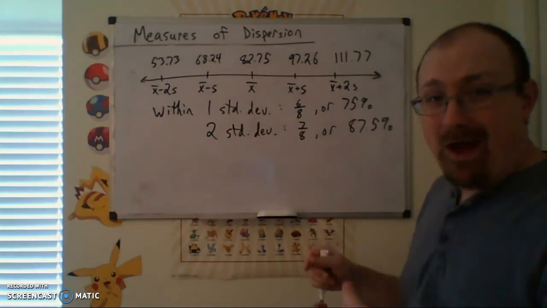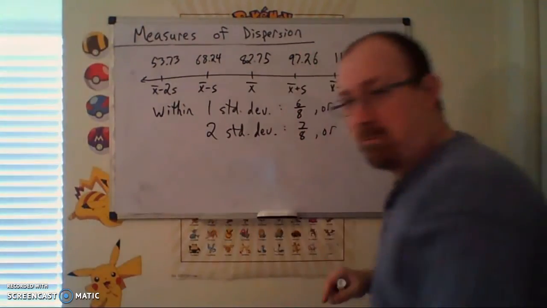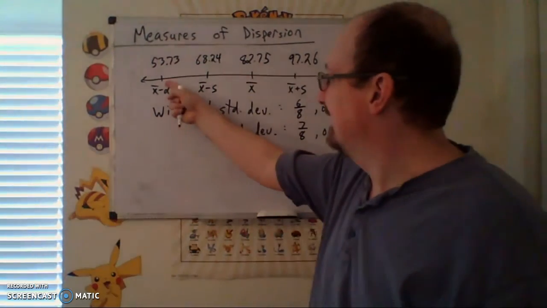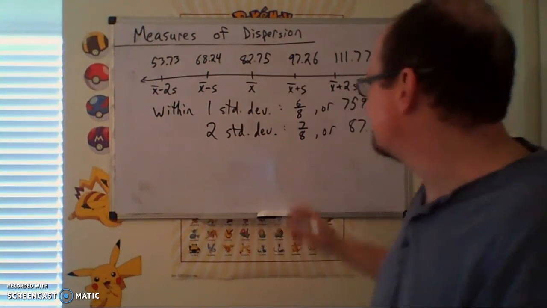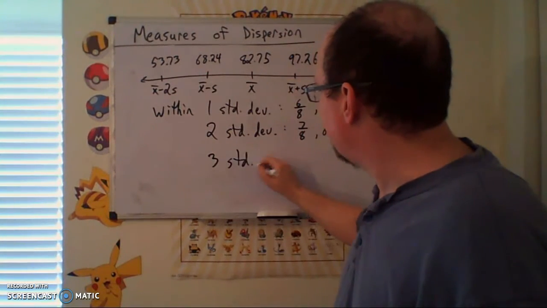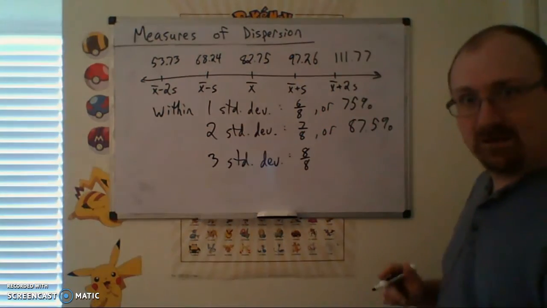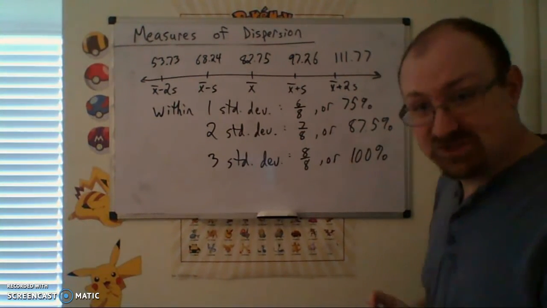You might want to go out one more standard deviation to push this out another bracket in each direction. I don't have quite enough space on the board for that. But needless to say, if I move out another 14.5, I've grabbed that final test score, and it turns out I have all 8 of my test scores, or 100%.